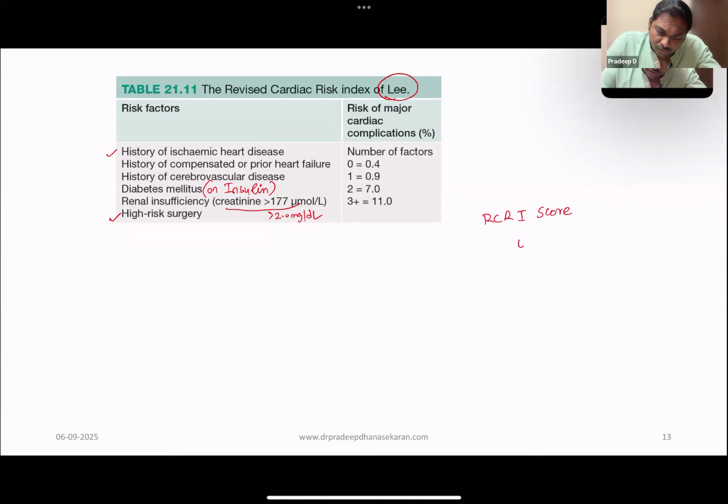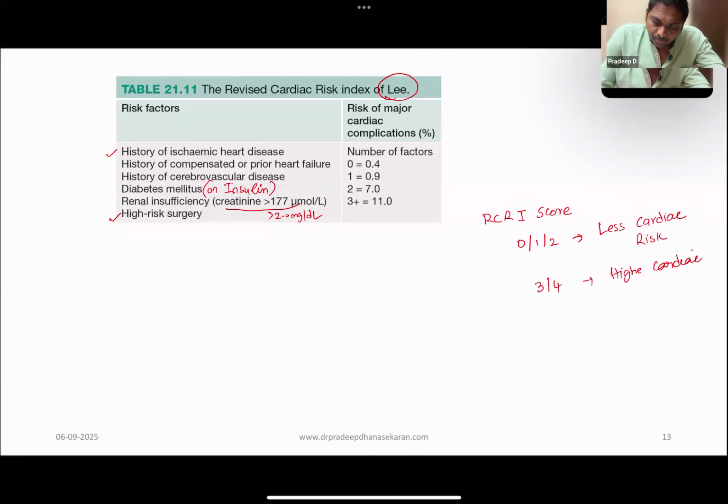When the RCRI score is 0, 1 or 2, that means less cardiac risk. An RCRI score of 3 or 4 means higher cardiac risk. You could see from this table, from 3 plus, you have an 11% risk of cardiac events. What are the cardiac risks? You have a major adverse cardiac event or a postoperative MI.